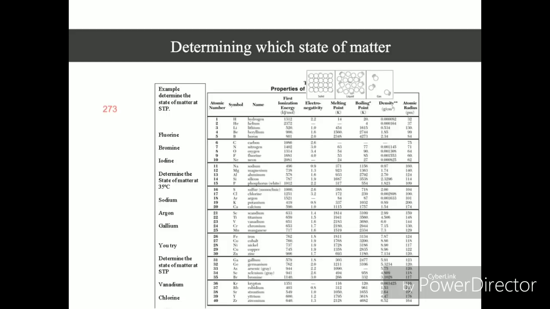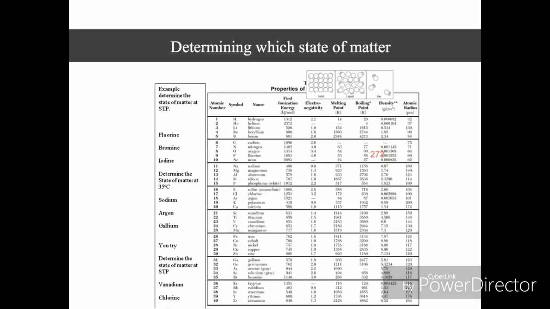So let's look at fluorine. Fluorine has the melting point of 53 degrees and the boiling point of 85. So this number 273 in a number line would fall after 85. Notice that a number line would read 53, 85, then 273.